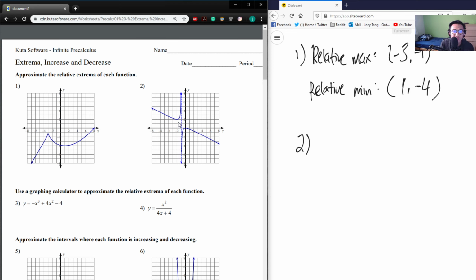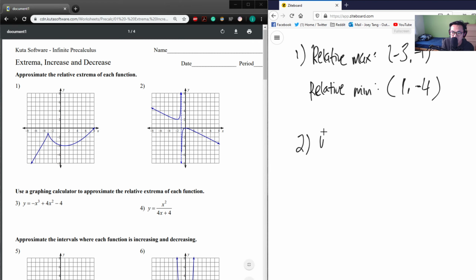We can see we have a vertical asymptote. I'm going to start listing properties first before we define what the relative max and relative min are. We have a vertical asymptote at x equals -1. So we can write here, this is a VA at x equals -1. Or, if you tuned into my previous stream, we have an infinite discontinuity at x equals -1.